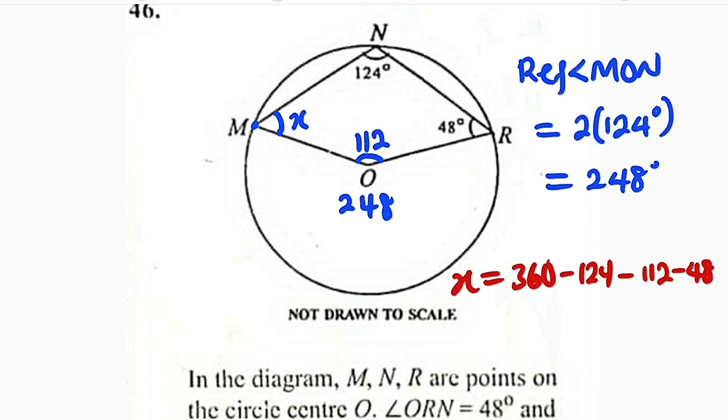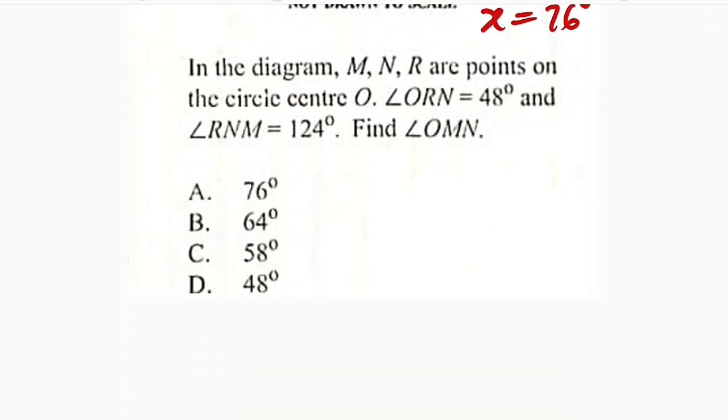So let's compute. That is equal to 76. And hence, this particular angle we're looking for is nothing but 76 degrees. Let's find it here, and we have it as option A.